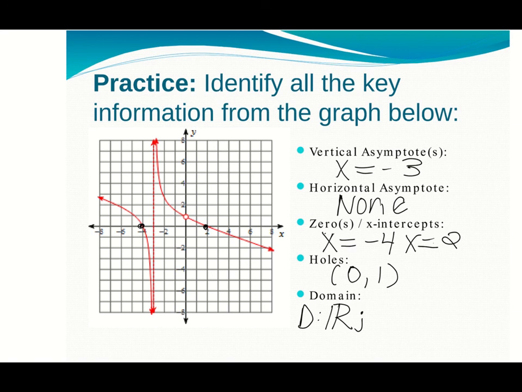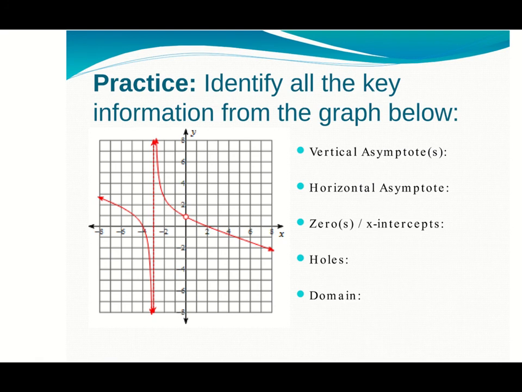And it's never going to cross our asymptote at x equals -3, or at our hole. It's never going to cross the x-axis at our x-coordinate of our hole, which is x equals 0. So our domain is all real numbers, except x cannot be -3 or 0.